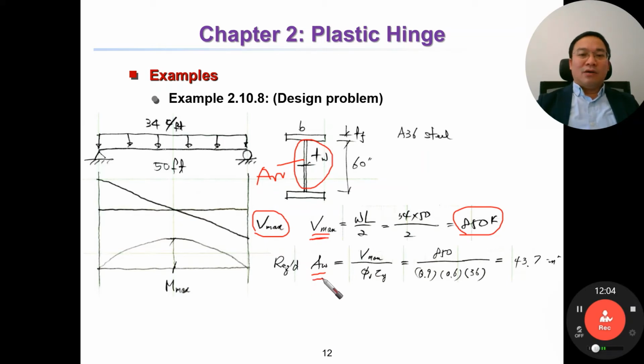And we have Aw equal to V max divided by phi v multiplied by tau y. Phi v equal to 0.9, tau y equal to 0.6 multiplied by sigma y. Okay, this is sigma y. And finally equal to this one.